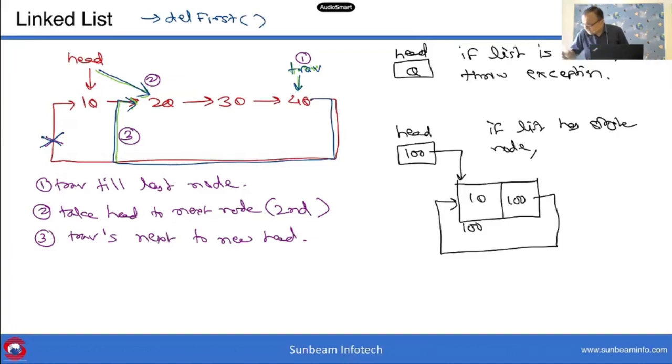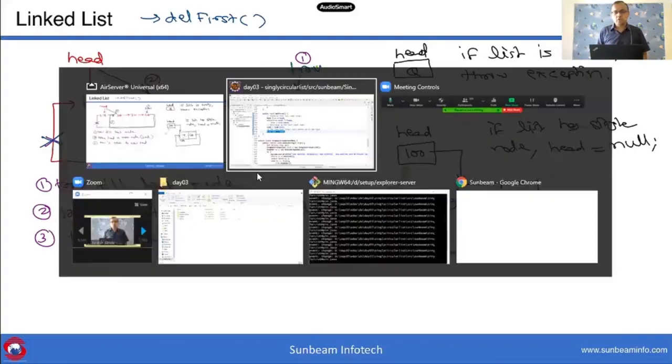Nothing else. We have to simply make head equal to null, so that this node is as good as deleted. So you have to delete this and make it null, nothing else. Anyway, the node will already get garbage collected, you don't need to worry about that. So that is what you understand.